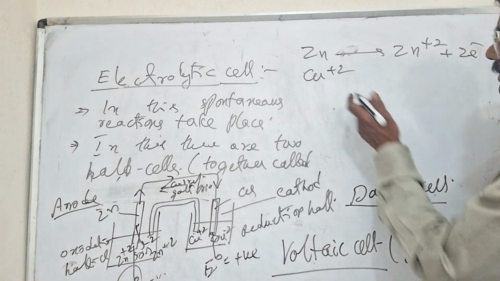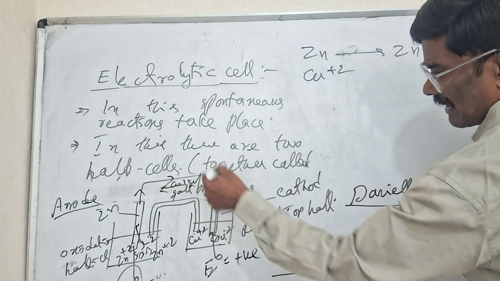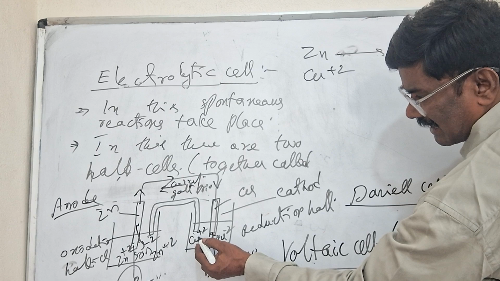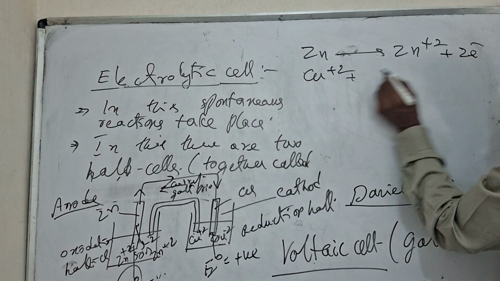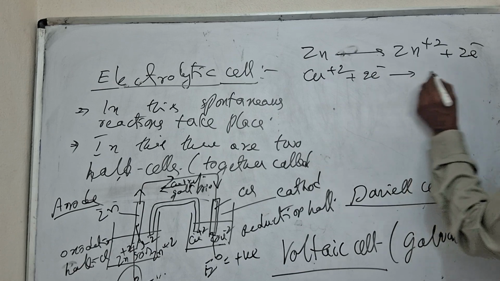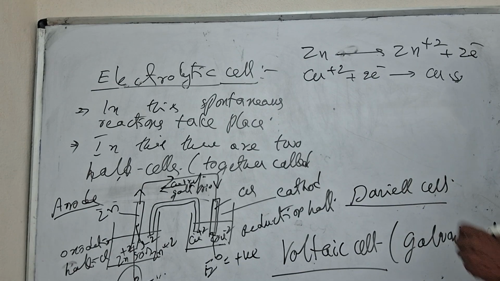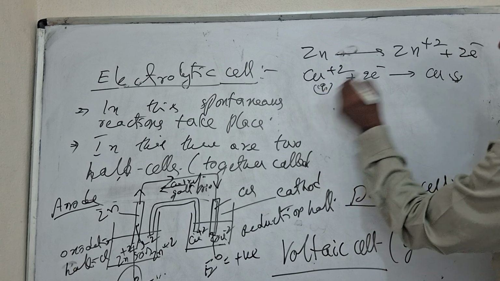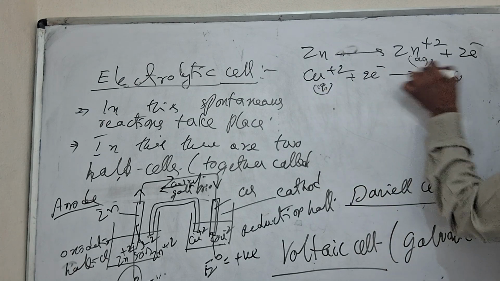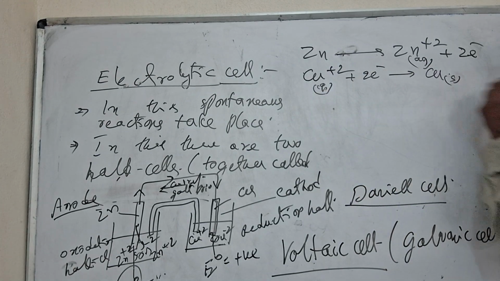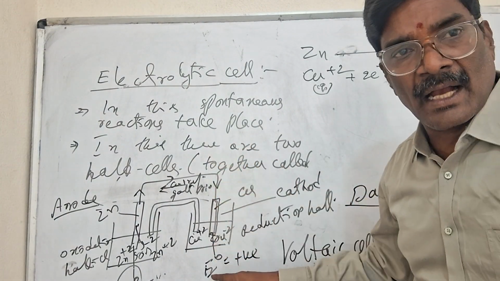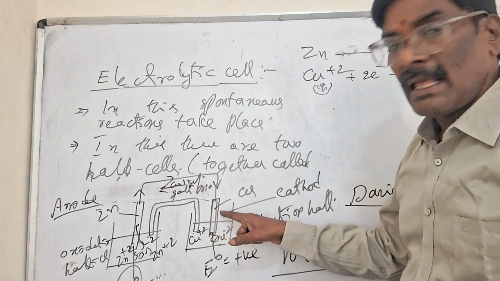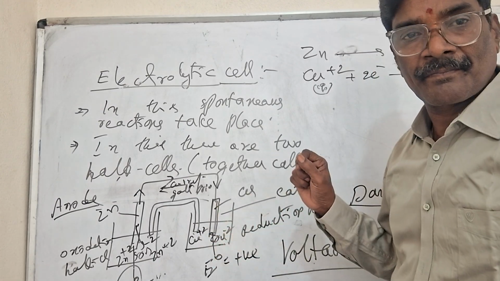Now, when electrons flow from left to right, in the solution there are copper ions. Each copper ion takes these 2 electrons on the right side and becomes solid copper. The ions are in aqueous condition, and copper is a solid. Copper is deposited on the cathode.